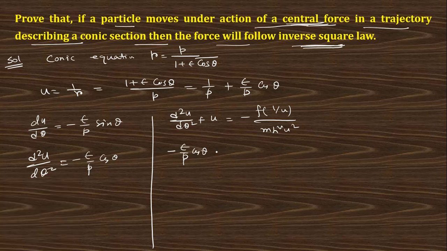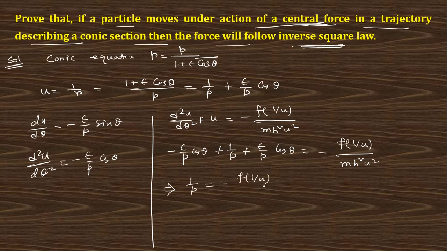So you will get plus 1 by p plus epsilon by p cos theta equals minus f of 1 by u over m h square u square. So on the left hand side you will get 1 by p, and on the right hand side you will get minus f of 1 by u by m h square u square. So you can say that f of r, or f of 1 by u, equals minus m h square u square into 1 by p.